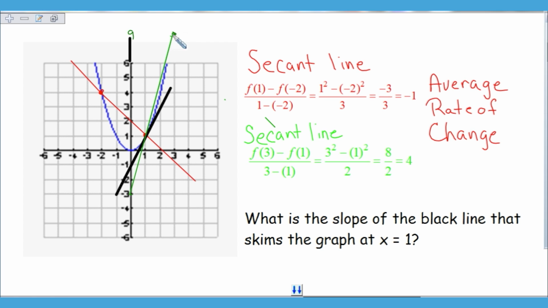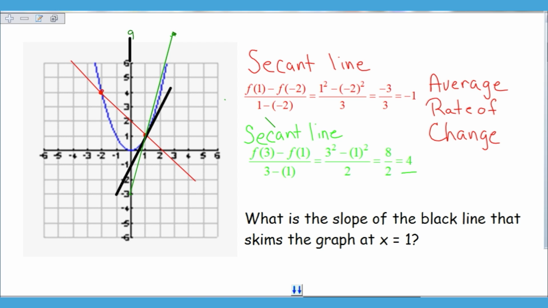I have to go a little bit off my grid, excuse me for that, but I wanted to point a little bit farther away. And notice that this slope should be positive, right? It's going up, and we do end up with +4. And that is the average rate of change between 1 and 3 for that function of x squared.